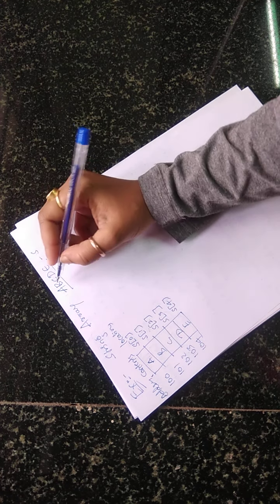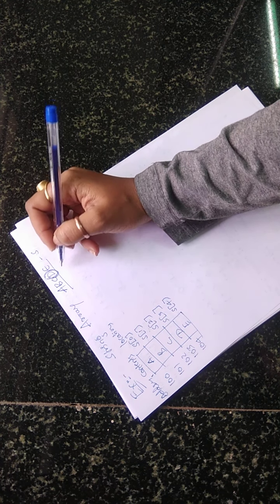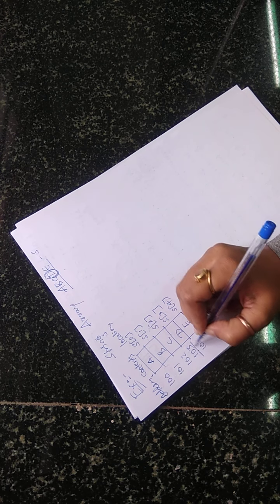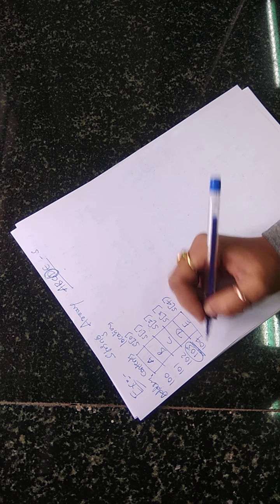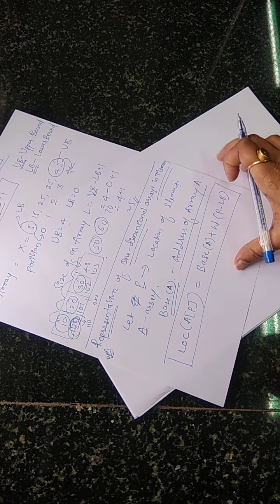Which is the fourth element? First, second, third, fourth: the D address we want to find. We know the D address is 103, but we'll see using this formula whether we get 103 exactly.